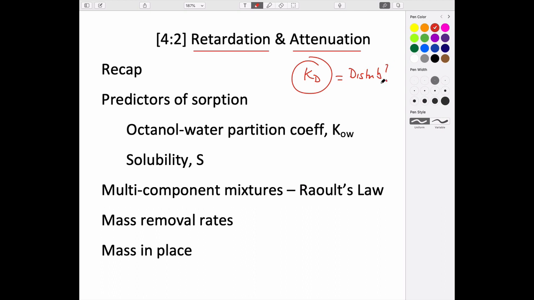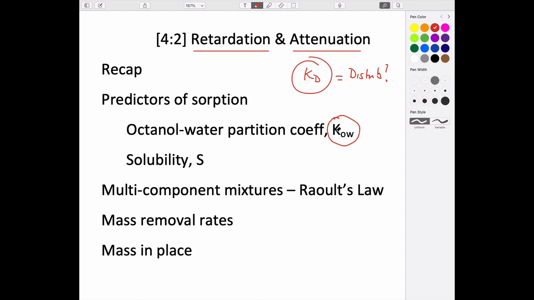We can do it through the methods that we just did to get retardation and back calculate it from that. But it turns out for these solvents, we can actually pull it out from the chemistry of the solvents in saying how much gets sorbed onto organic carbon. In the same way that you'd use a carbon filter to clean up a waste stream, we can calculate how much of it will be sorbed in equilibrium on the organic carbon that's in an aquifer.